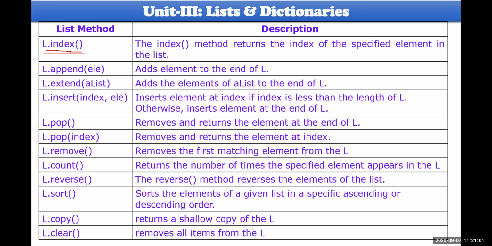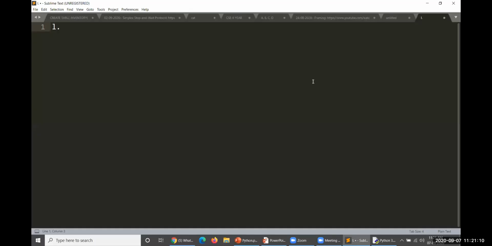It is a very important thing here. So it should always be taken into consideration something like this. L dot index will always give you the index of that particular element. What is the specific syntax of this method?